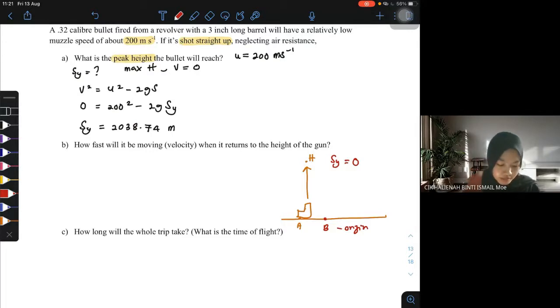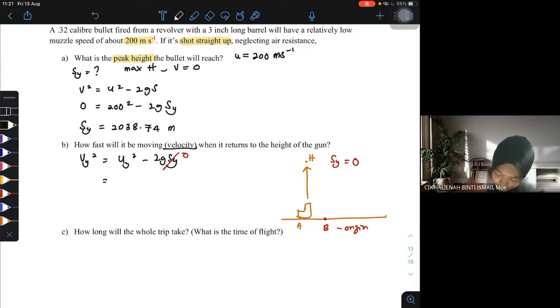So we are still using the same formula, Vy square is equal to Uy square minus 2gsy, but here Sy is zero. So Vy, because we want to find velocity, is equal to Uy.